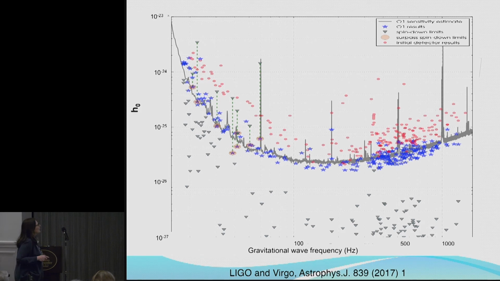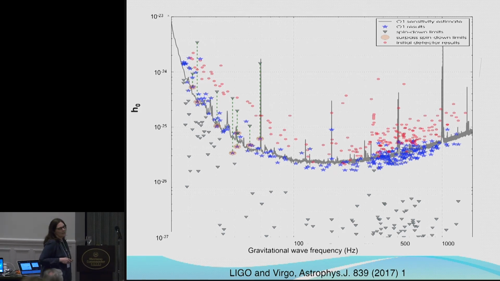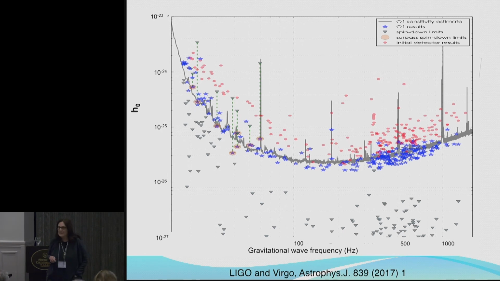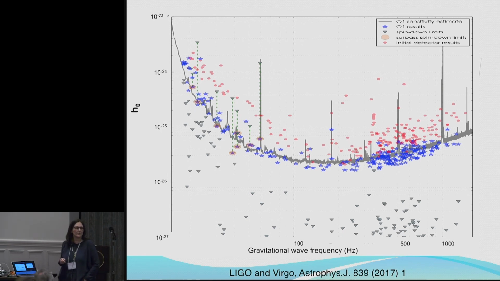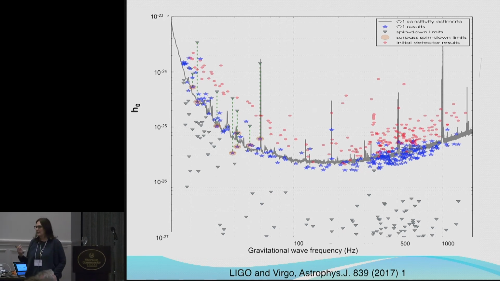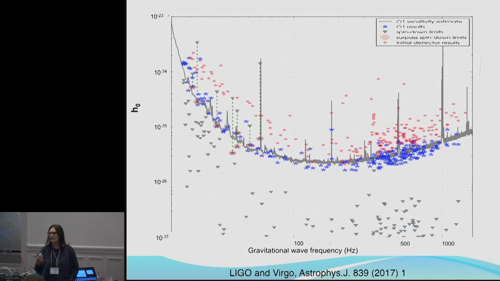And it's interesting to compare them with the spin-down amplitude, which are the triangles. What is the spin-down amplitude? Well, we know for each of these objects what its spin-down is. So we know how slowly it is losing energy, okay, kinetic rotational energy.